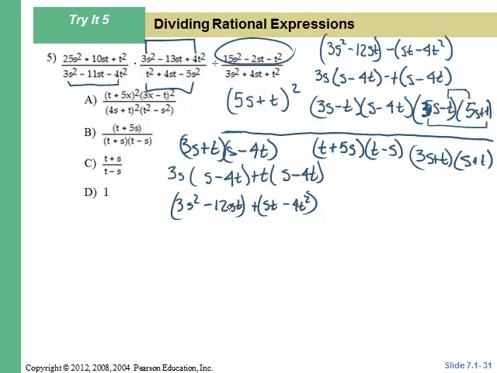Okay. 5s plus t cancels against one of these two. Let's see. Did we forget to switch this last one around? Yes, we did.